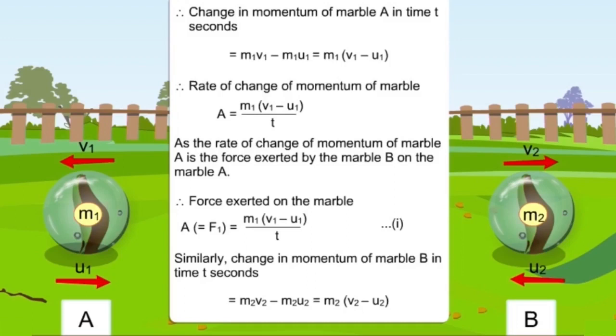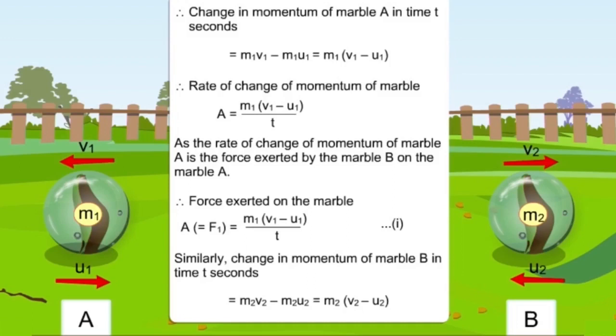The final momentum of marble A with mass m1 and final velocity v1 is given by m1 v1. The initial momentum will be m1 u1. So, we can take m1 common and write it like this: m1 in brackets v1 minus u1.